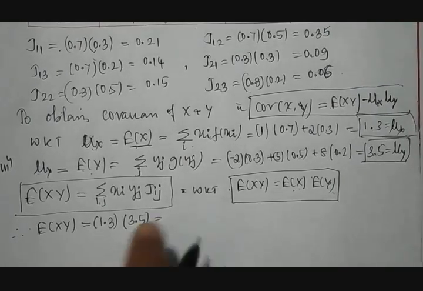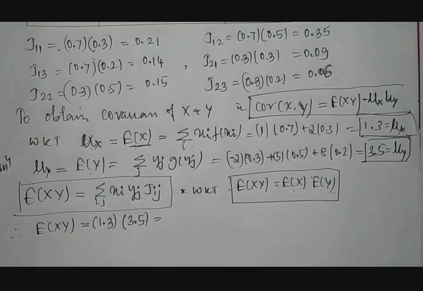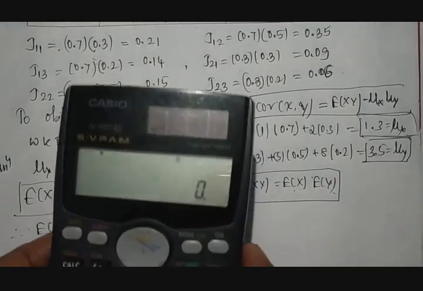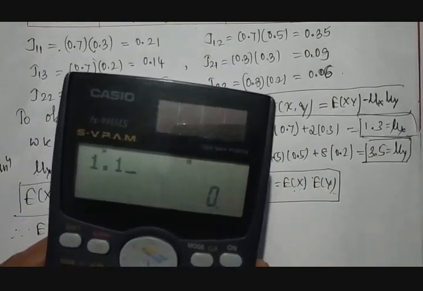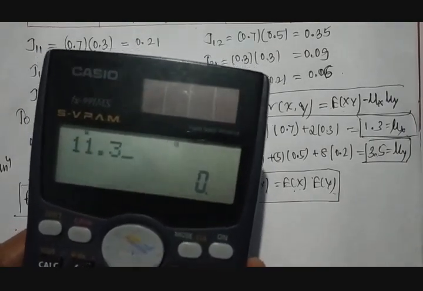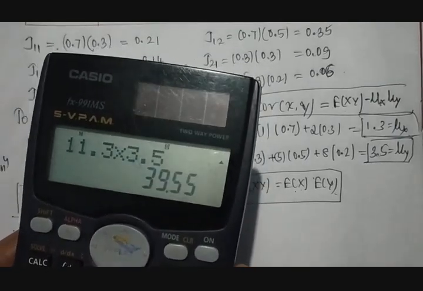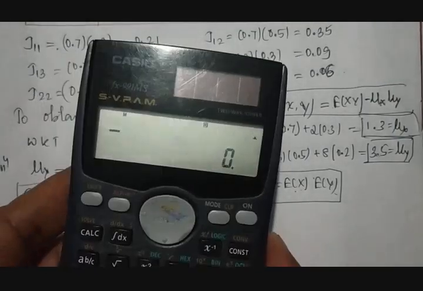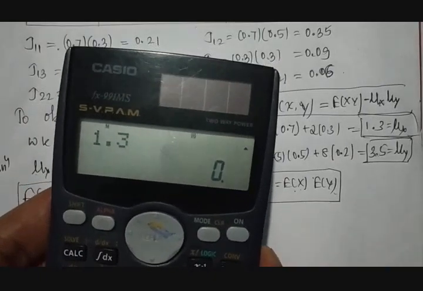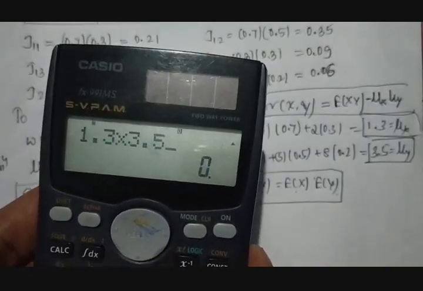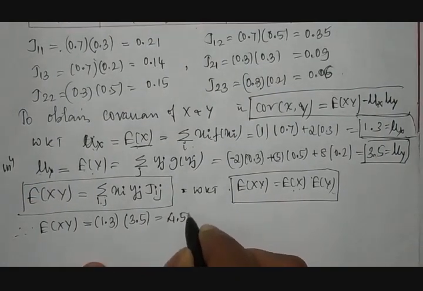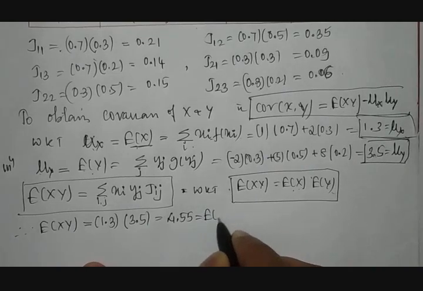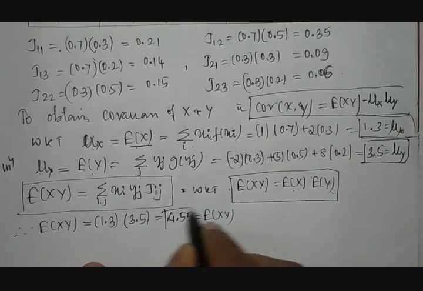If you take 1.3 into 3.5, that is equal to 4.55. That is nothing but expectation of xy.